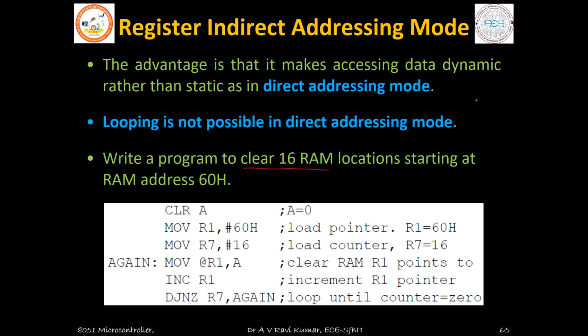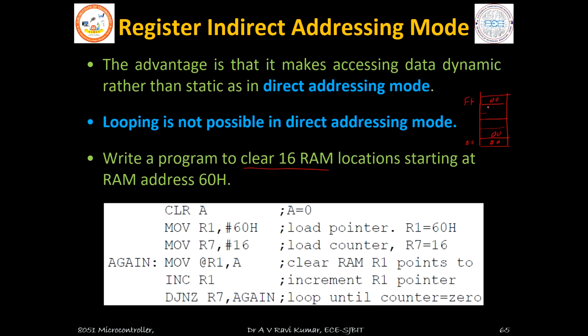So this is my memory in the RAM. Let me have the 00 to FF. I want to clear all the data here. Clear in the sense I should make this 00.